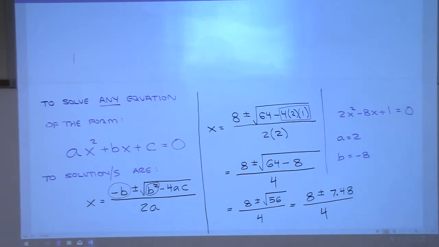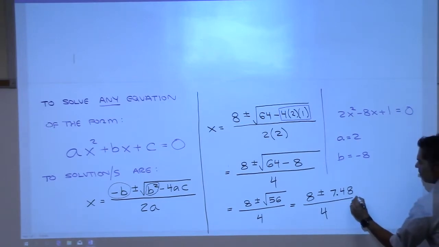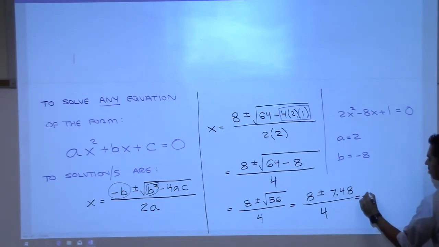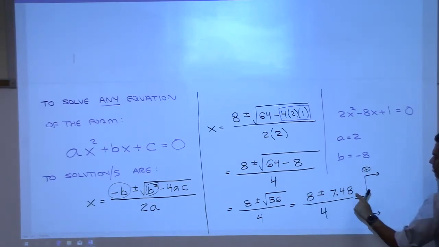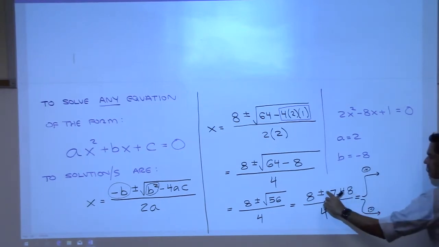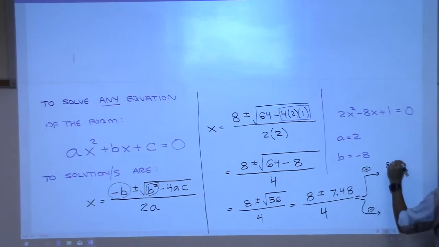So we're almost there. We're going to have 2 answers here. So here's how I like to do this. I like to draw a little arrow up and an arrow down. This is me taking the plus and doing the math, and then this one's going to be me taking the minus. So if I treat this as a plus, we go 8 plus 7.48, and then divide that by 4.